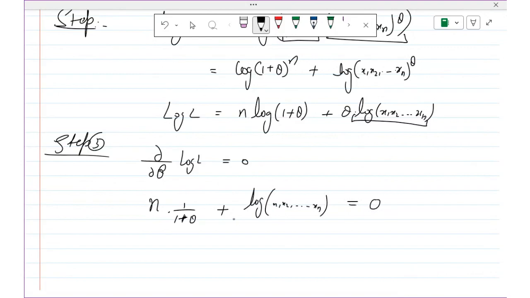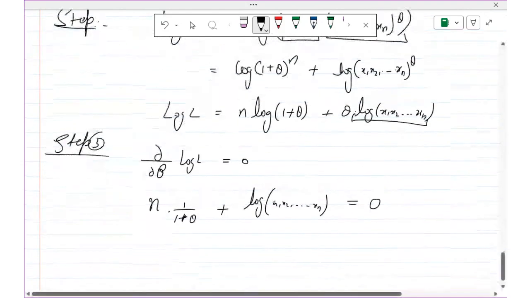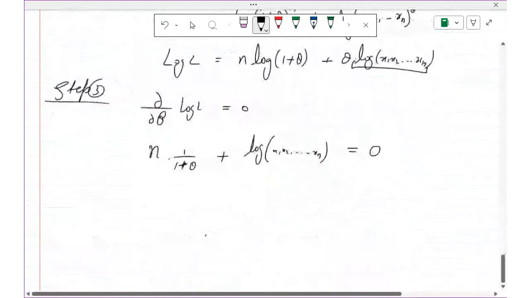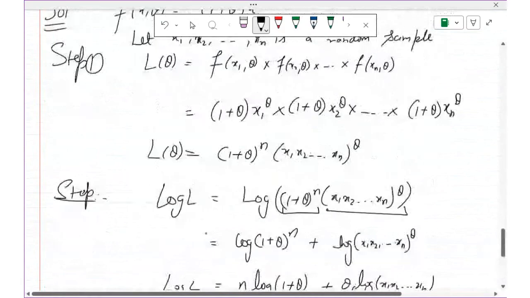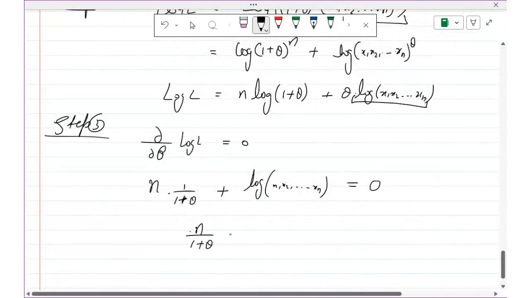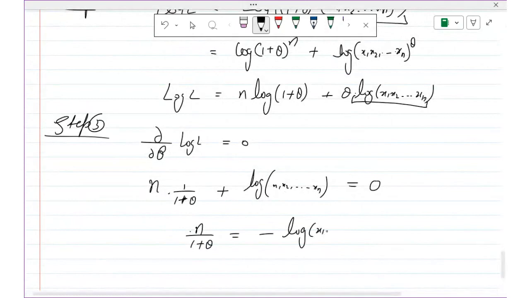Now we can send this to the right side. We get n upon 1 plus theta is equal to minus log of x1 into x2 up to xn.